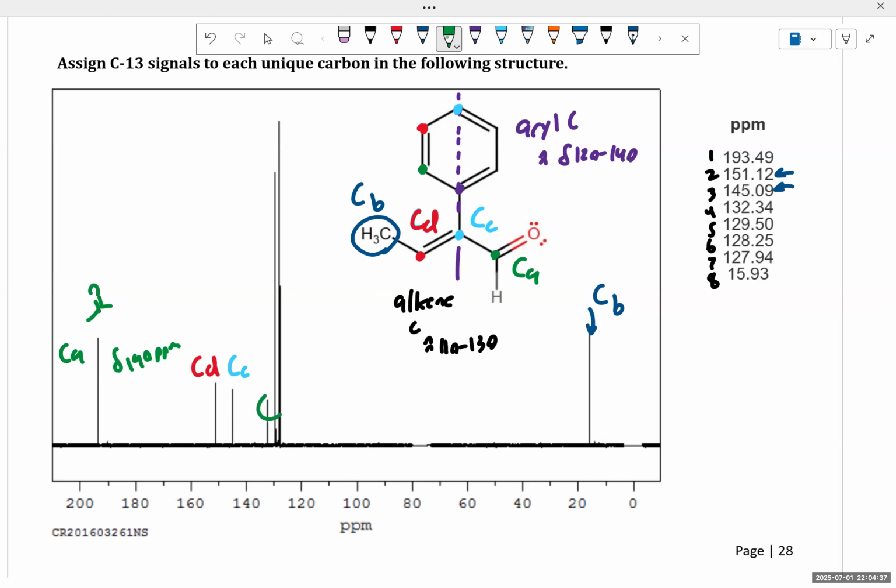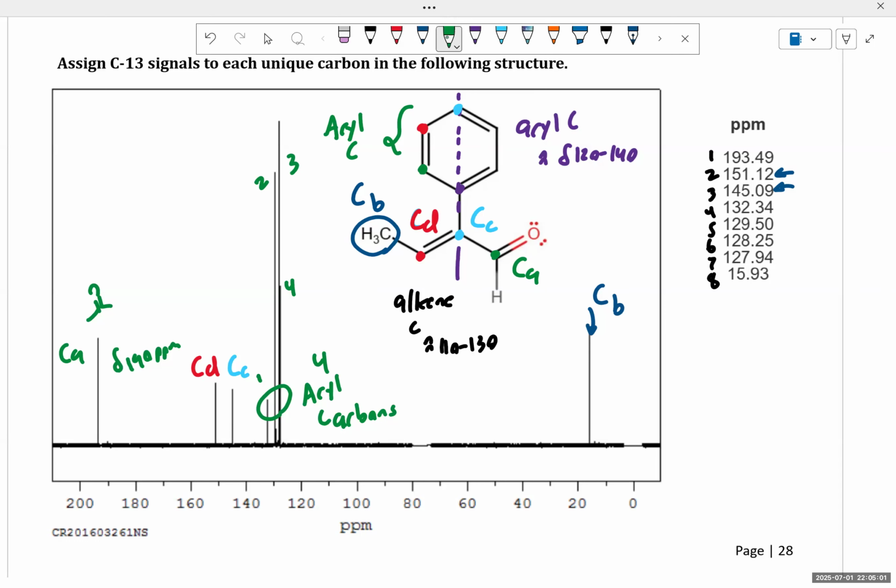And then these carbon signals will correspond to the aryl carbons, which are over here. We have 1, 2, 3, 4 signals corresponding to the 4 aryl carbons.